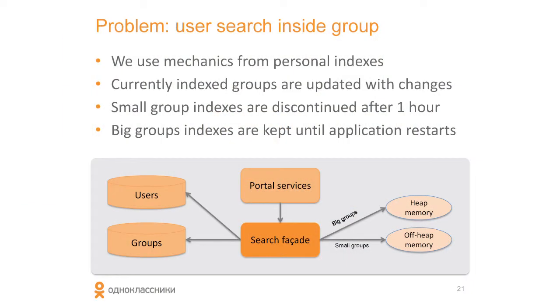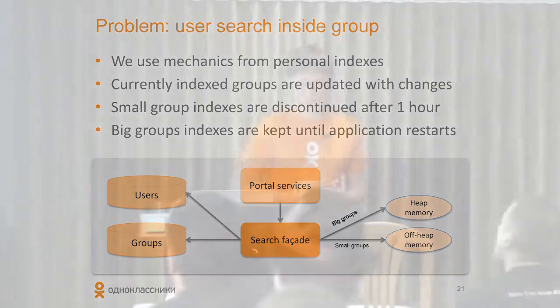What we did, we reused the mechanics of personal indexes. So on search facades, there are not only persons, users indexes, but also indexes for groups. We don't create or hold indexes for all the groups, because 7 million indexes is a big bunch. So we create an index when someone hits this search.